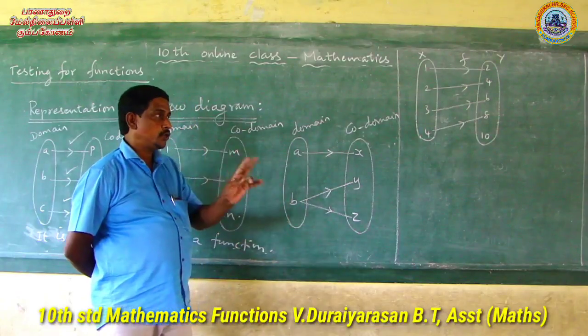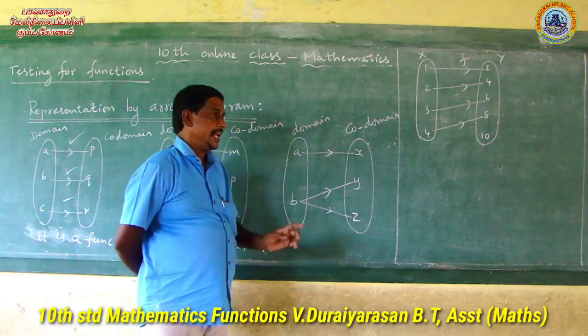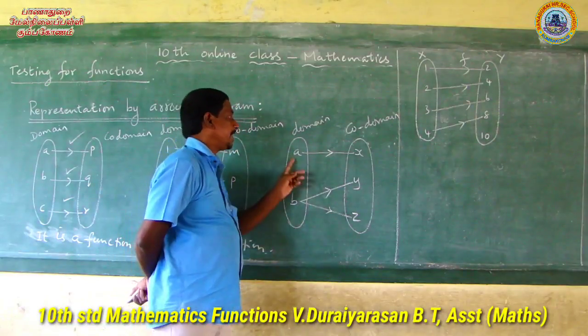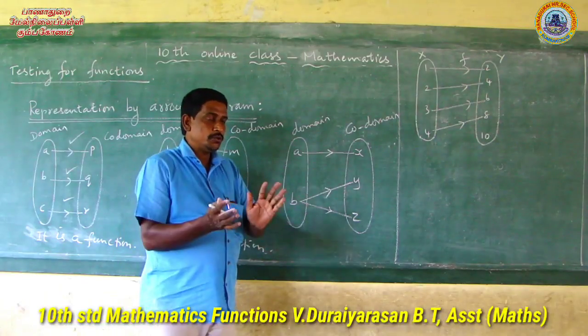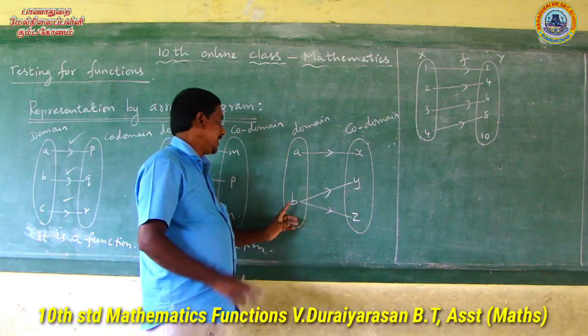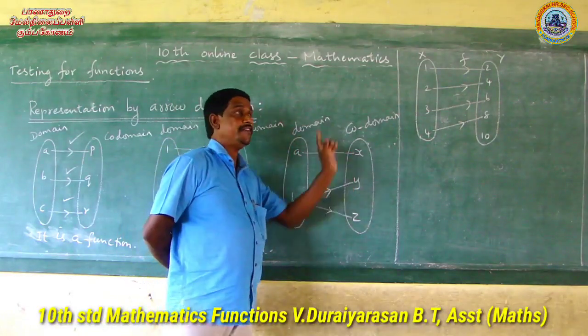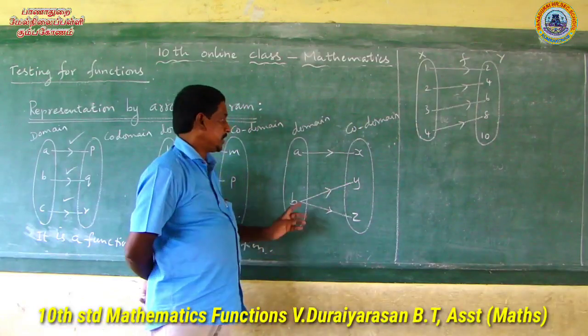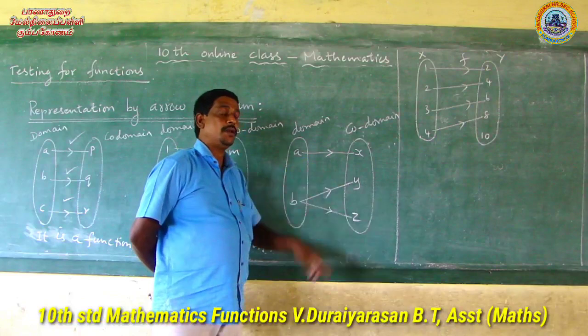Verify the two function statements. The first statement: every element of the domain has an image. Each element has an image in the codomain. This satisfies the condition in the given example.